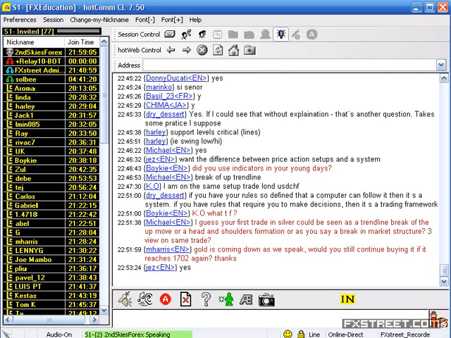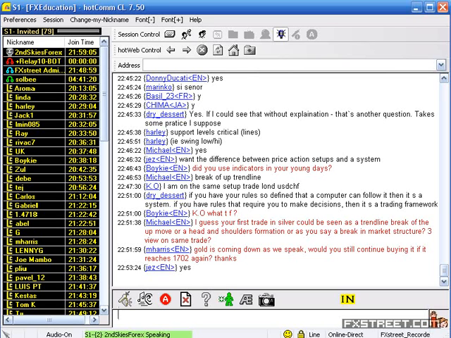The fact that a computer can trade it, I wouldn't necessarily call that the be-all, end-all of whether it's a system or not. You can have discretionary systems. It's still a system. So it really depends. I would call that a rigid definition, and I tend to have a more flexible definition of it. But I'm open to that perspective as well.